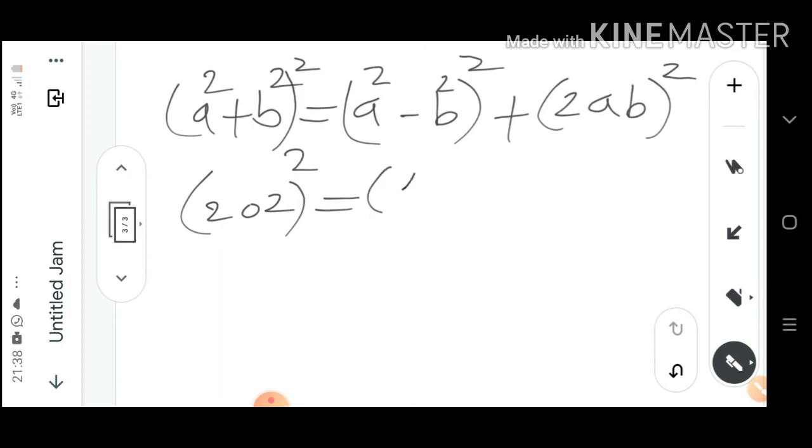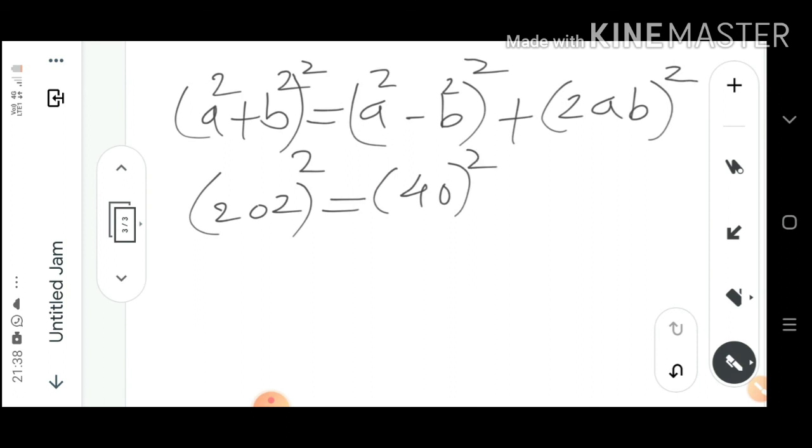A square minus B square is 40 bracket square plus 2AB is 198 bracket square. So 202 bracket square is 40804.